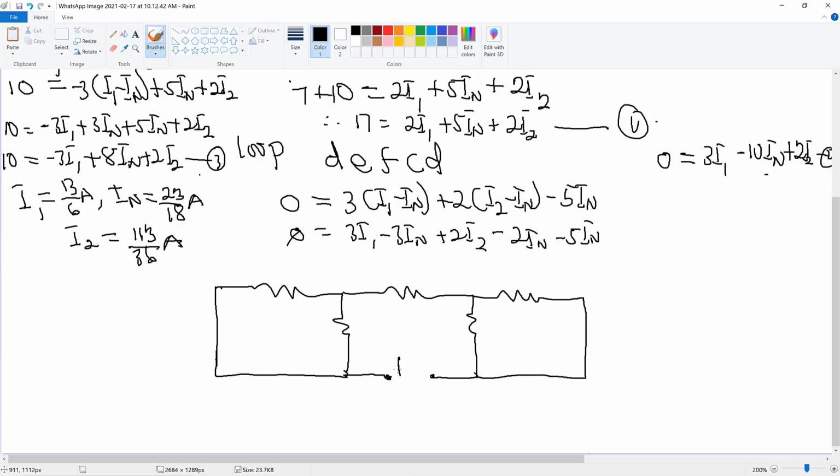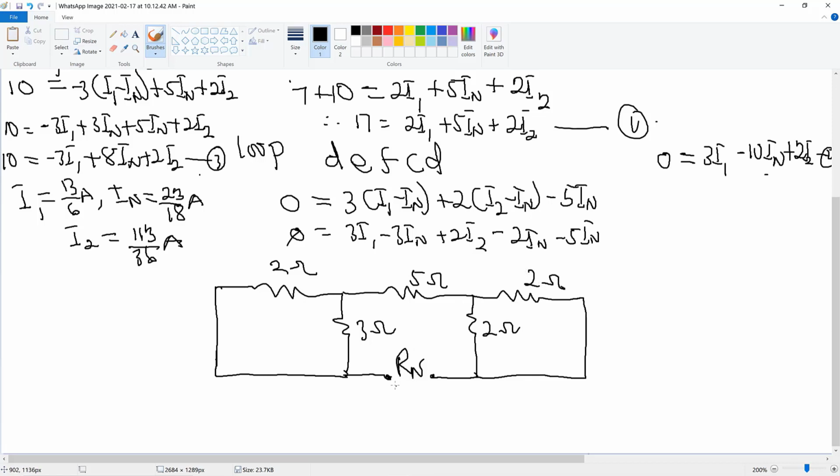So we have our Rn here, and then we have our 2 ohm resistor, 3 ohm resistor, 5 ohm resistor, 2 ohm resistor, and then the 2 ohm resistor.